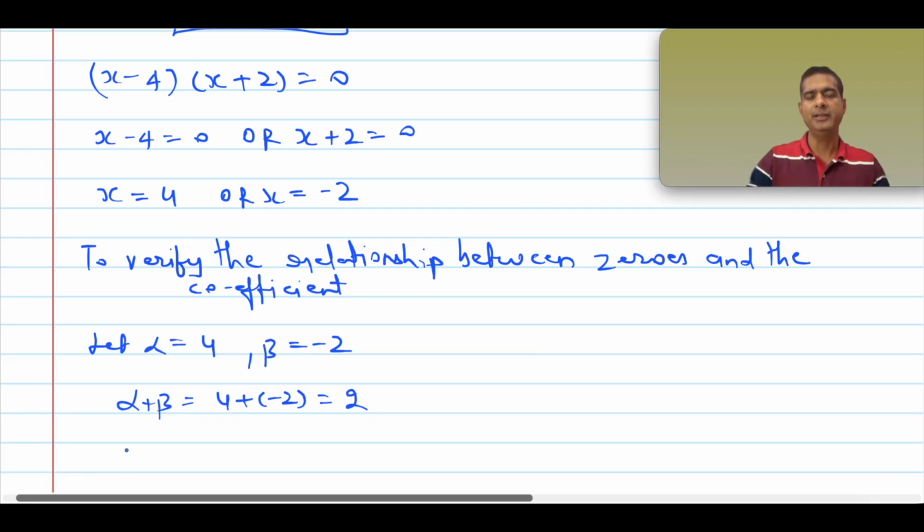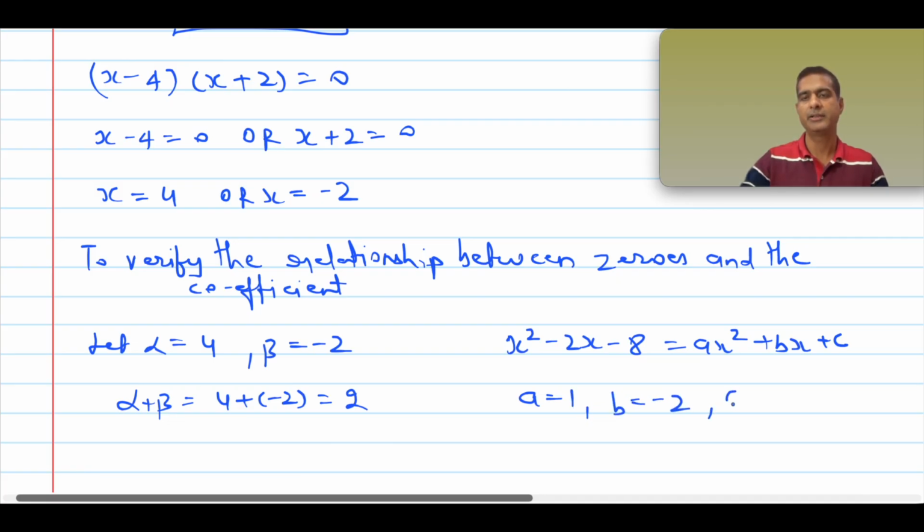negative b by a, if I compare, let us compare, our equation was x square minus 2x minus 8, and let us compare it with ax square plus bx plus c. So we know a is equal to 1, b is equal to negative 2, and c is equal to negative 8.